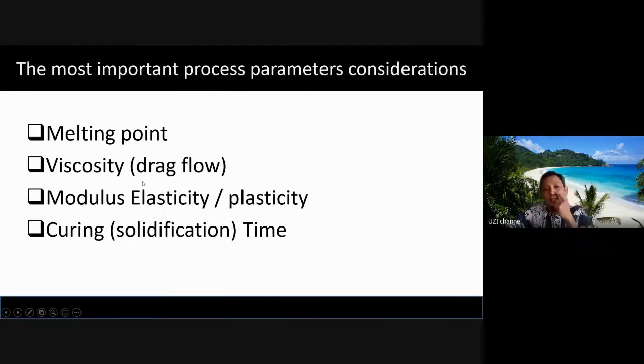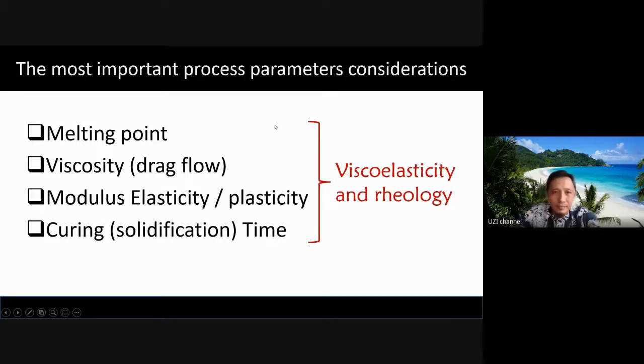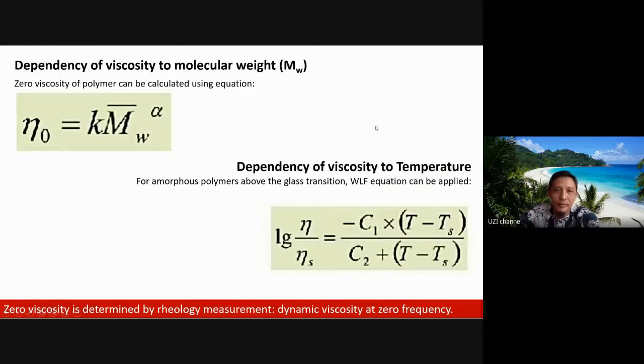In terms of mechanical engineering, we can say drag flow, modulus of elasticity or plasticity, and curing or solidification time. All these process parameters are related to viscoelasticity and rheology, and in the last part of these slides, I will give you an example related to this.